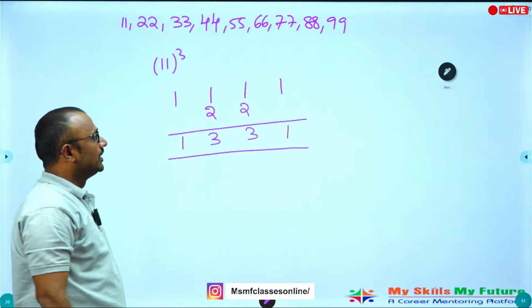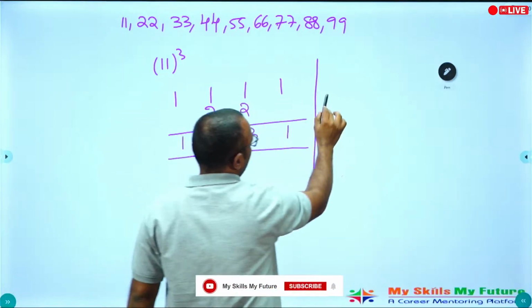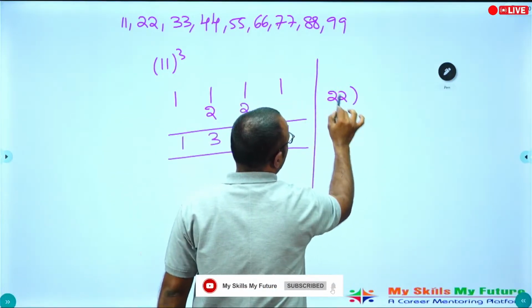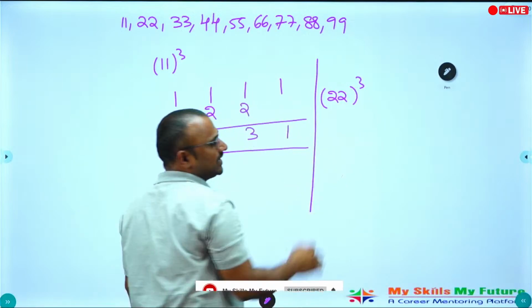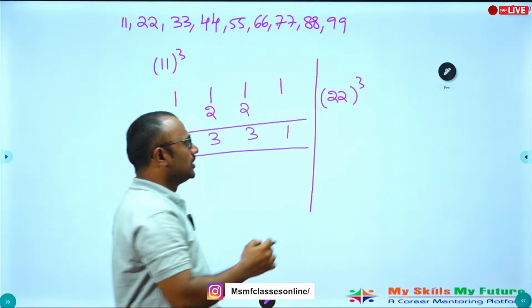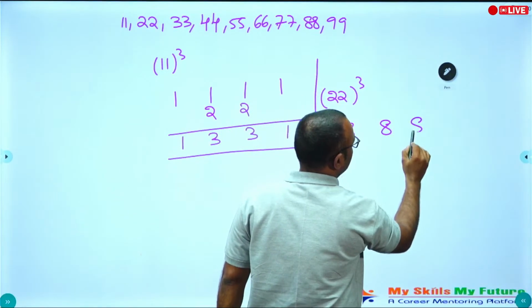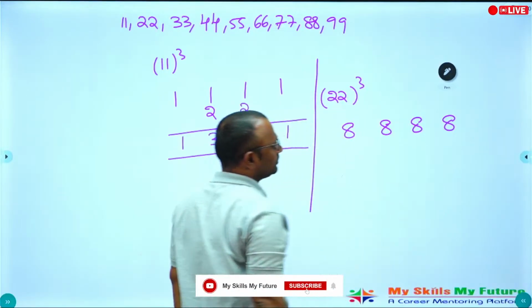In a similar way, suppose we need to find 22 cube. What is the digit here? 2. So write 2 cube 4 times. 2 cube is 8, 8, 8, 8.